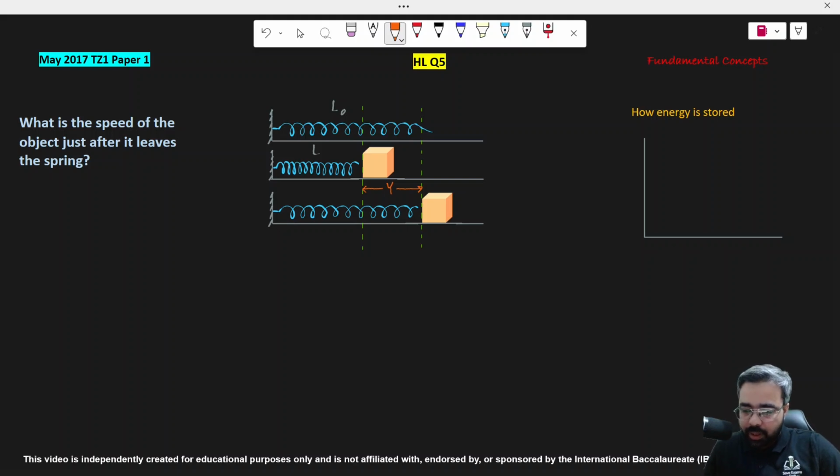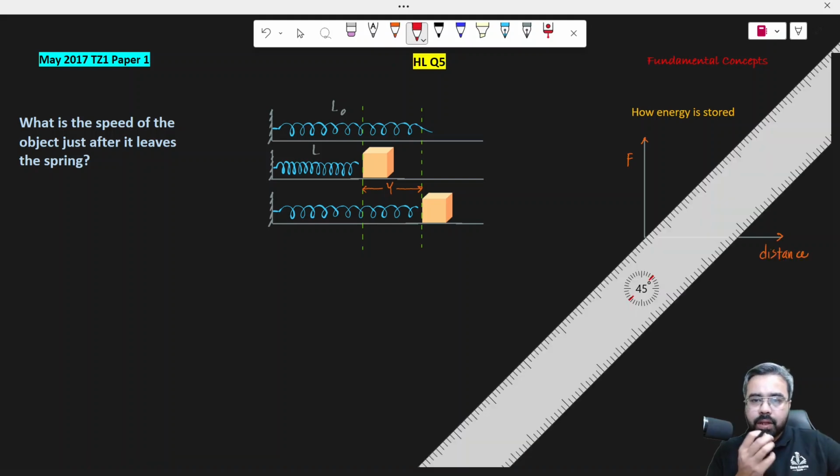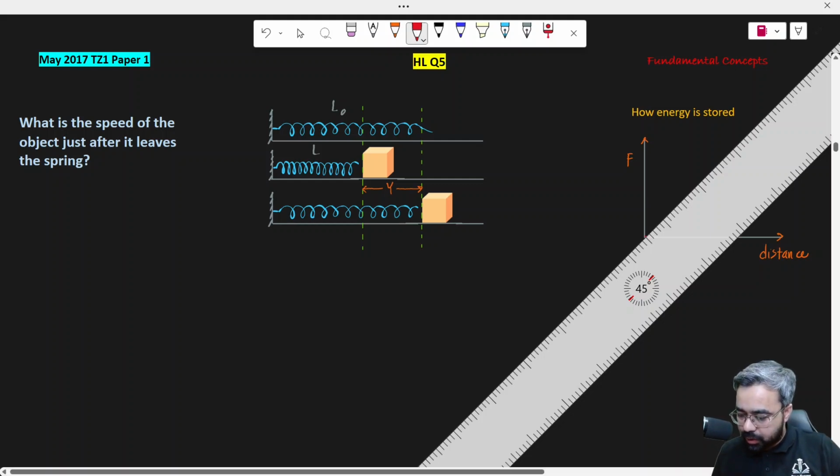In the question, it is clearly mentioned that as the distance y increases, the force will increase. So if I take the spring force on the y-axis and the distance on the x-axis, how is the spring force increasing as you compress the spring more and more? This should be a straight line.